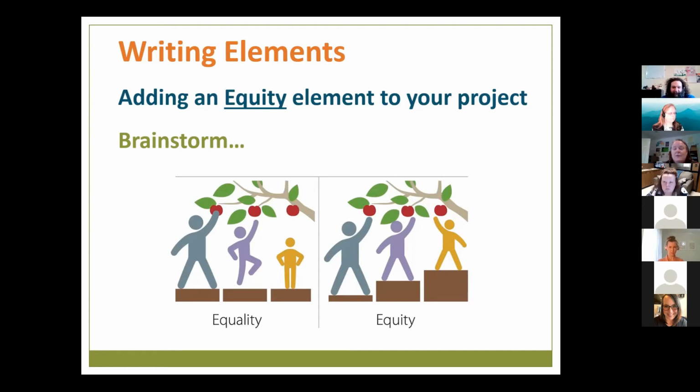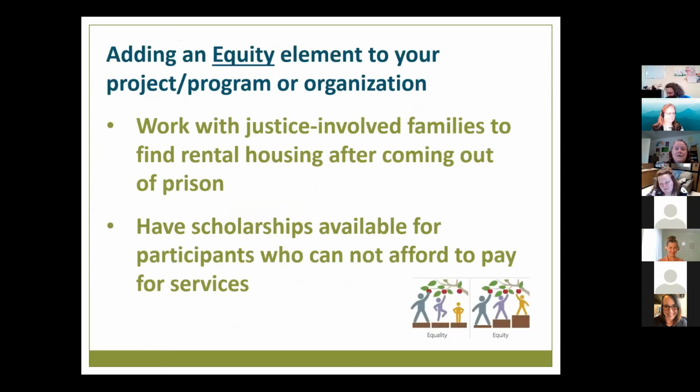Excellent. Okay. Well, Leah's right. Of all the classes I've taught, you guys are the most knowledgeable about DEI work and examples of them. So kudos to you. So some general samples that I had: equity for justice involved families might be helping them find rental housing after coming out of prison so that they are able to look forward, or have scholarships available for people who can't afford to pay for services.